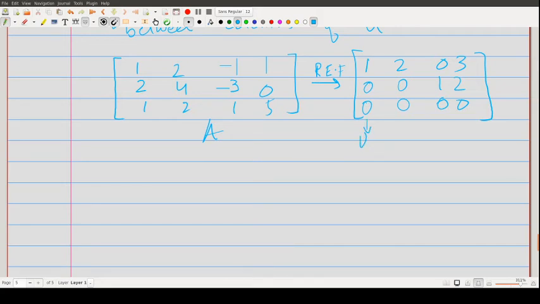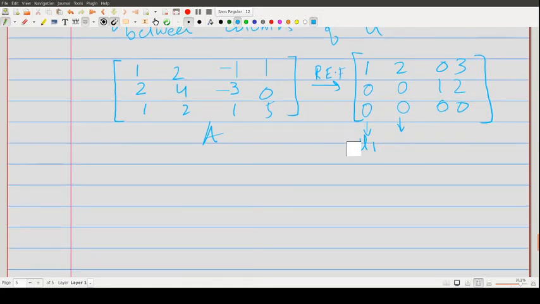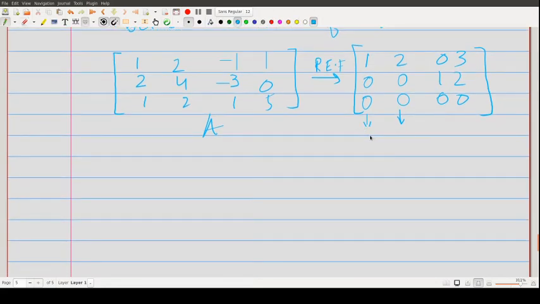For the sake of confusion, let's call them C1, C2, C3, C4. Notice that column 2 equals 2 times column 1. And you can also check that column 4 equals 3 times column 1 plus 2 times column 3. You can verify these relationships in the matrices that we have.